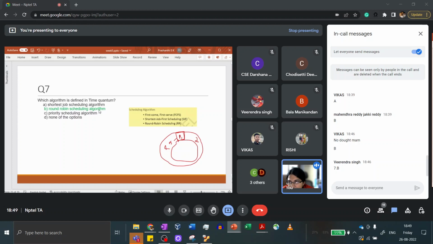Round robin, on the other hand, is a very simple algorithm that just gives a certain amount of time, or a quantum of time, to every process. That's why the answer is the round robin algorithm. I think this is fairly straightforward. If you don't have any questions, I'll move to the next one.